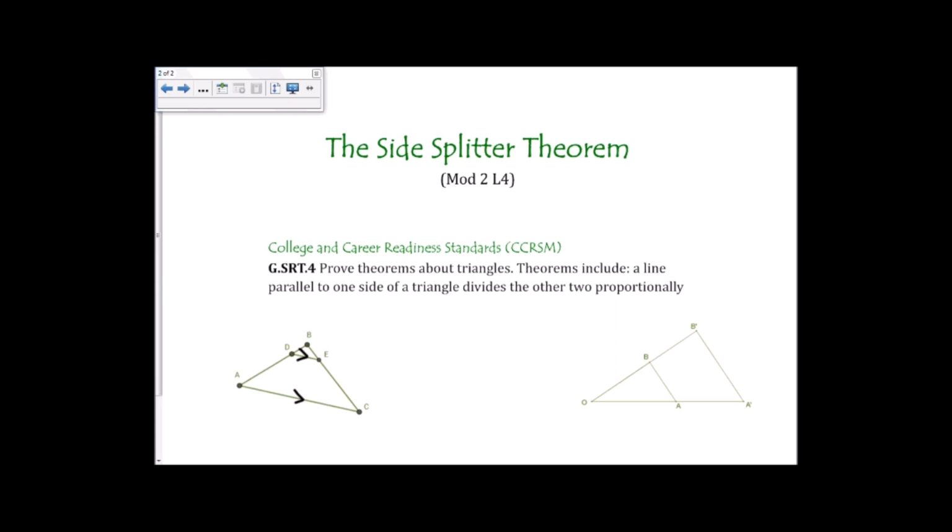Now, you might remember that back we did a lesson about mid-segments, where if this is the midpoint and midpoint, then the mid-segment is half as long as the third side. Remember that? Well, this is more of a generalization of that idea, whereas as long as it's parallel, then this ratio is the same as this ratio.